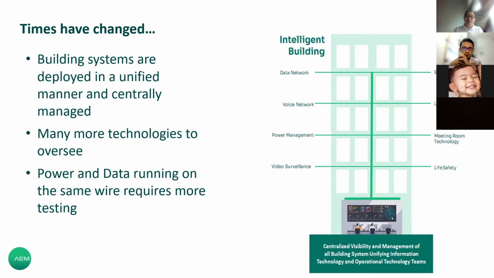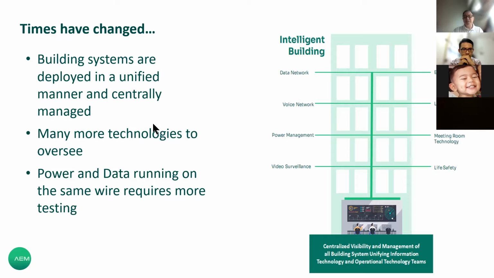As we go higher and higher in performance, this power and data could create some issues as well. So using the right infrastructure, or I should say using the right cable, will prolong your application and help you have a longer cycle for your building infrastructure.